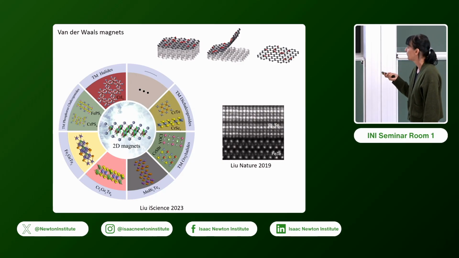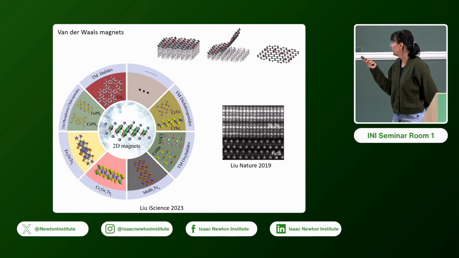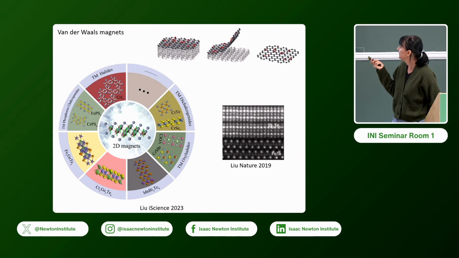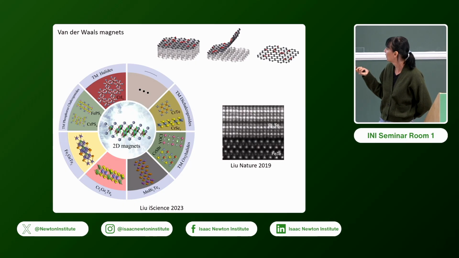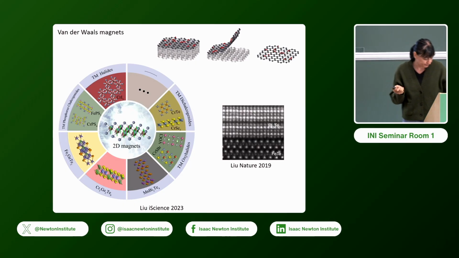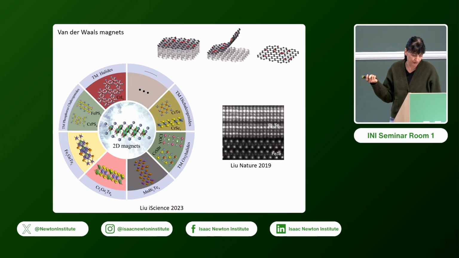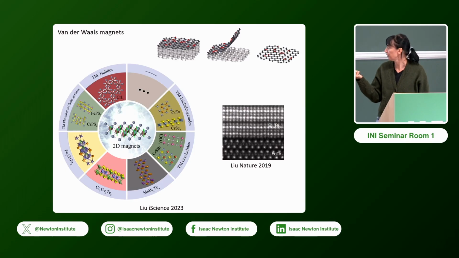These magnets can be exfoliated just like graphene, and so they exist in the form of multilayers. And here are high-resolution transmission electron microscopy images of such materials. You can also engineer their magnetic properties in order to get out-of-plane anisotropy.